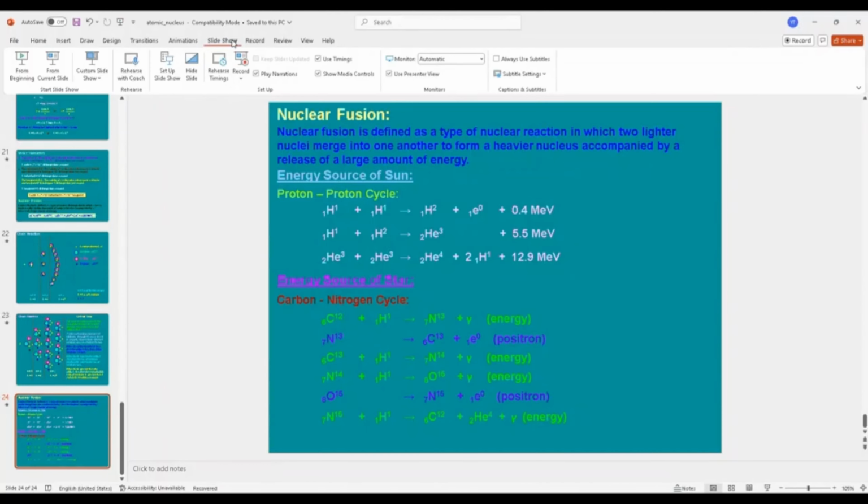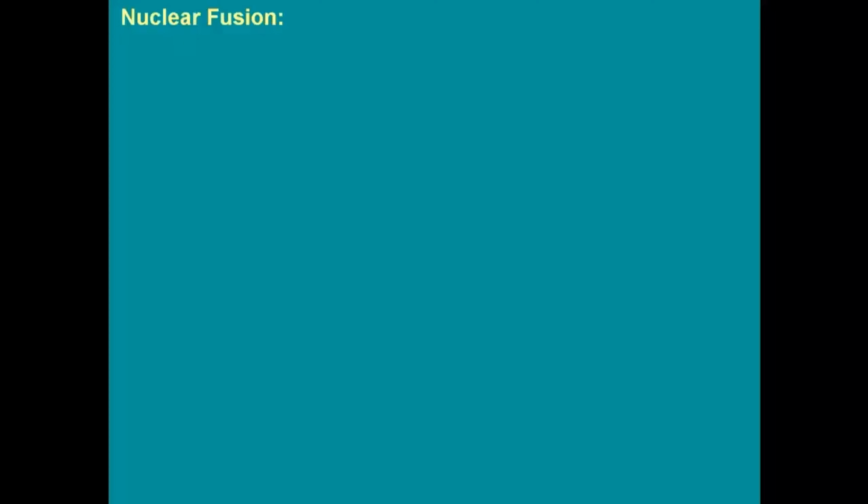So nuclear fission, we already know, is where you have a very big uranium nucleus, highly unstable. Why is it unstable? Because of the proton to neutron ratio. Now, if you bombard it with a neutron, it will break into 2 parts and release a lot of energy.